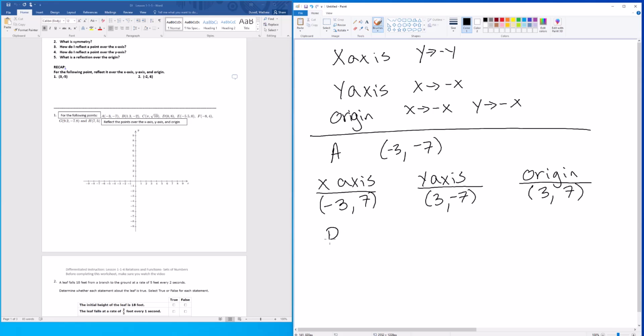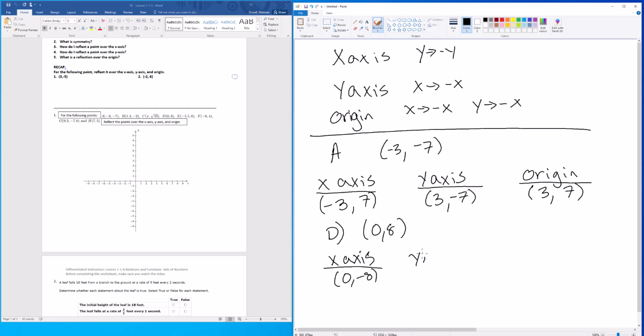Let's look at point D. If I wanted to do the x-axis, so you're going to add a negative to the y. So it becomes 0, -8.